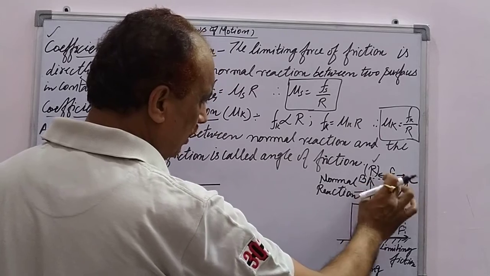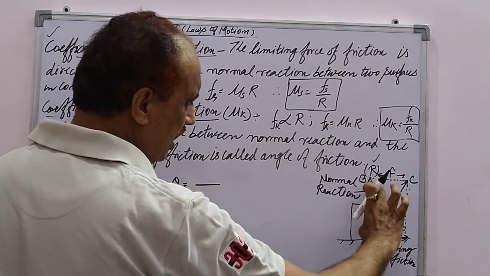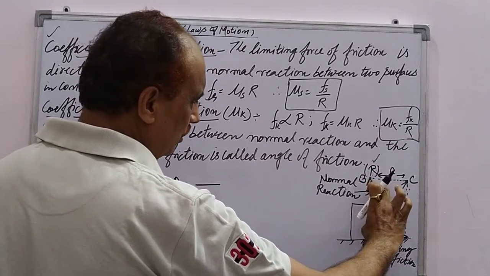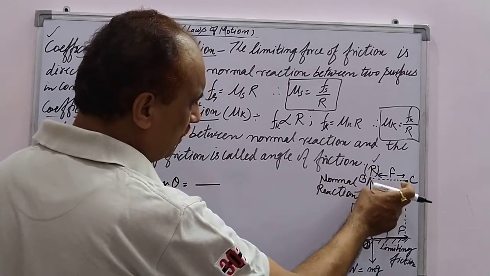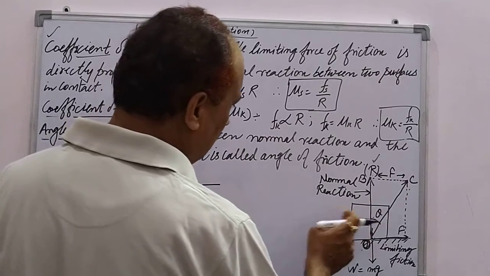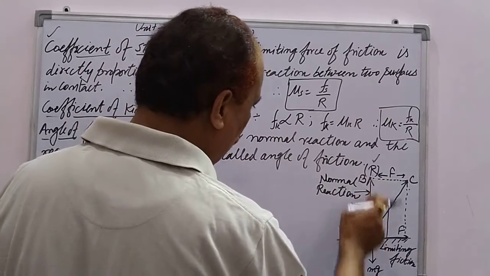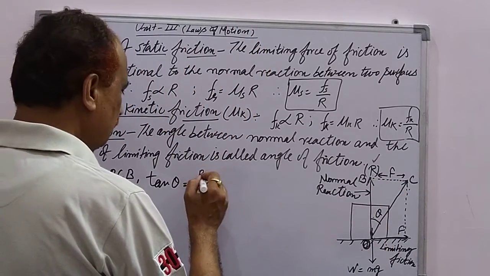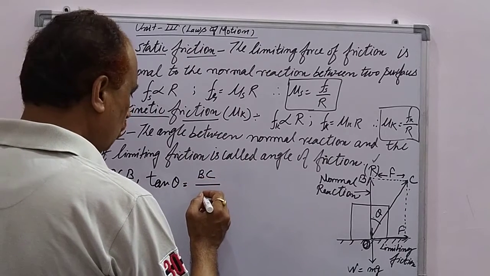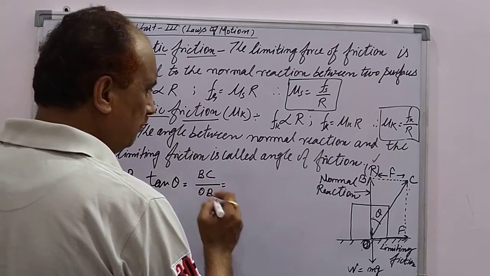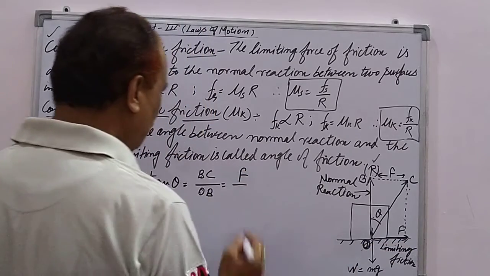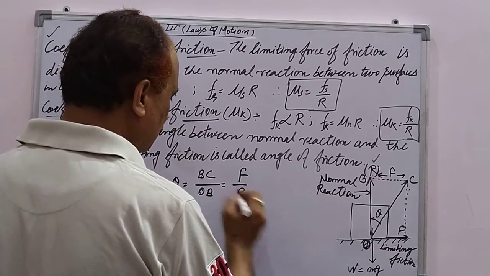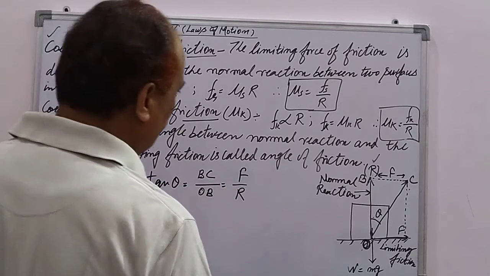This is the perpendicular in the triangle OCB, and the base is OB. So base equal to R, perpendicular equal to F. So tan theta will be equal to BC upon OB. Now put the values: BC is equal to F, and OB is equal to the normal reaction R. So tan theta will be equal to F upon R.